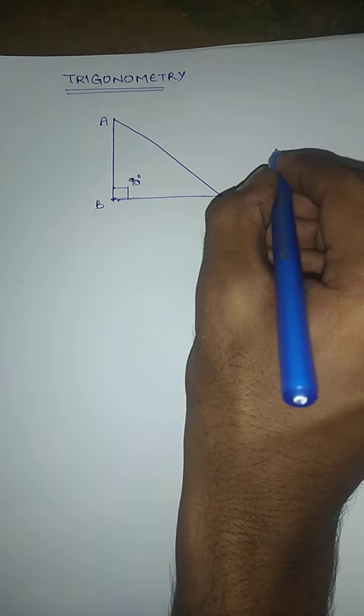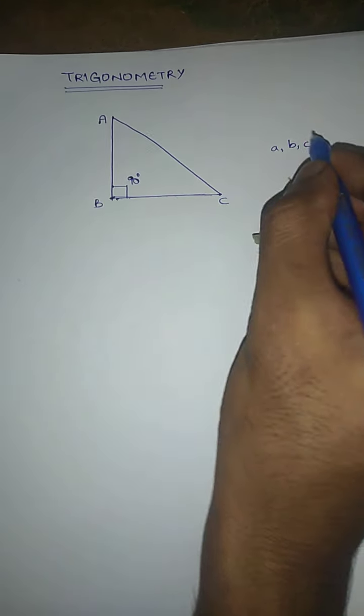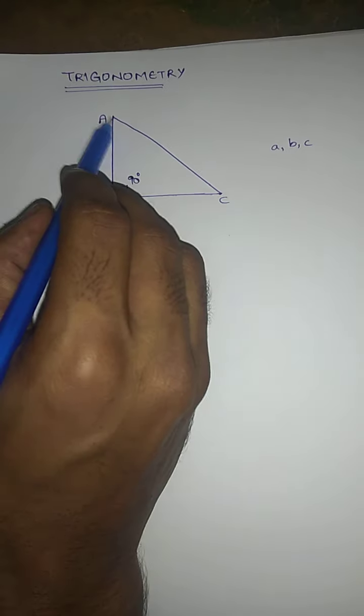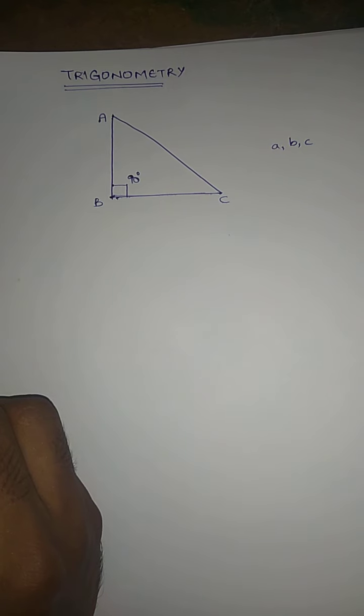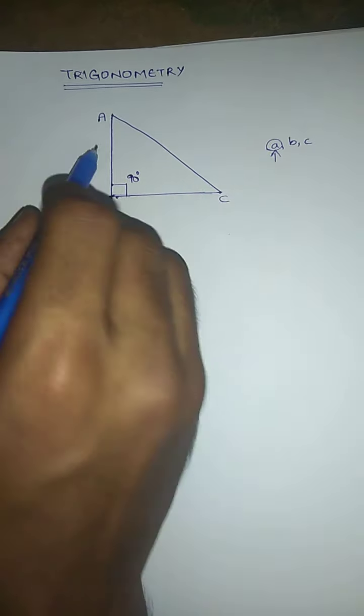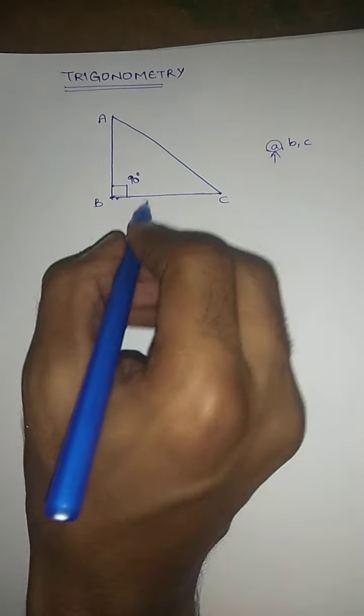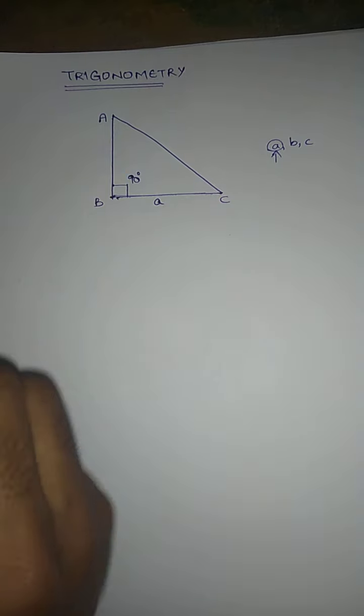We need to place small a, small b, small c because we consider the vertices as A, B, C. So we should place this a in any of the sides. Where do we place it?